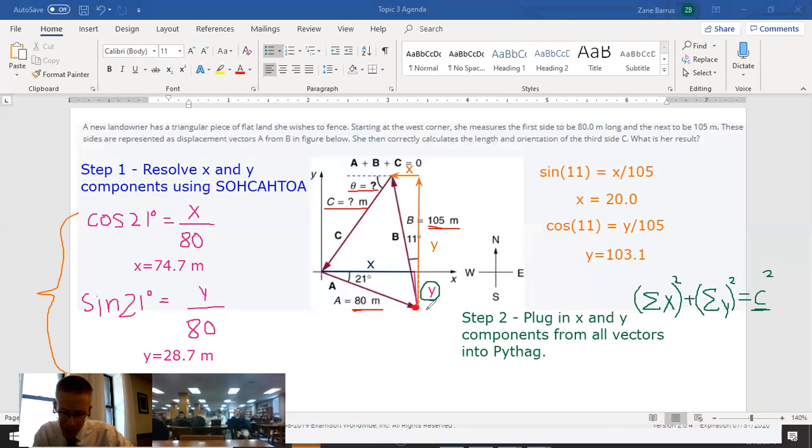What happens to a number when you go below the x-axis? It becomes negative, yeah. So this y value, I should have put a negative here, so I'm going to sketch it in right now. It's negative right there. Write that in if you didn't. So it's negative 28.7, and that's my mistake for forgetting to do that.